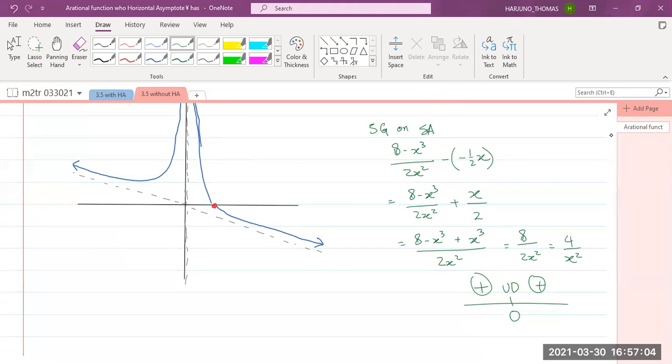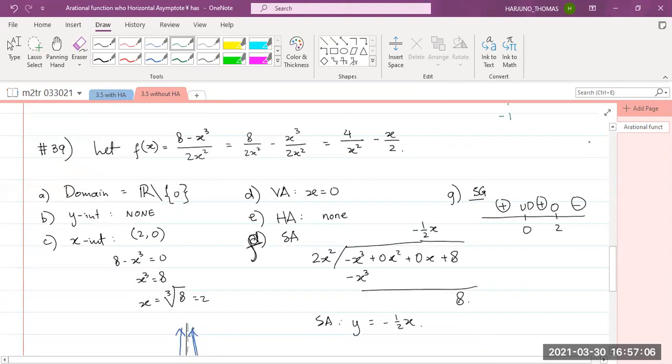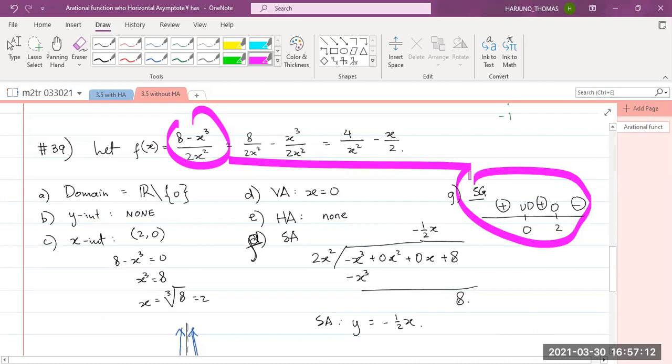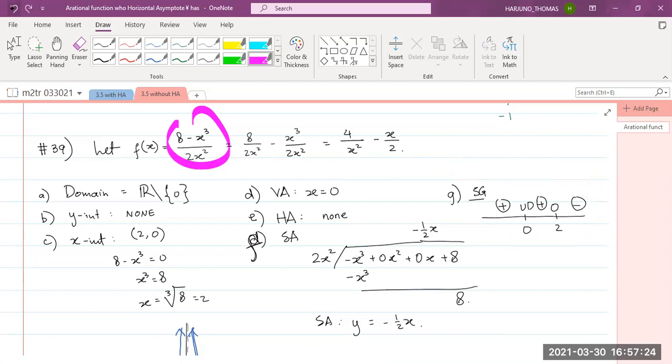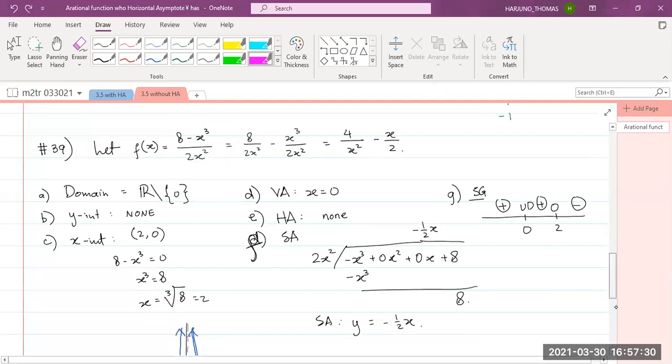Before the one on slant asymptote is this one. I basically use this one to get that one. Okay, good. Now let's go on.